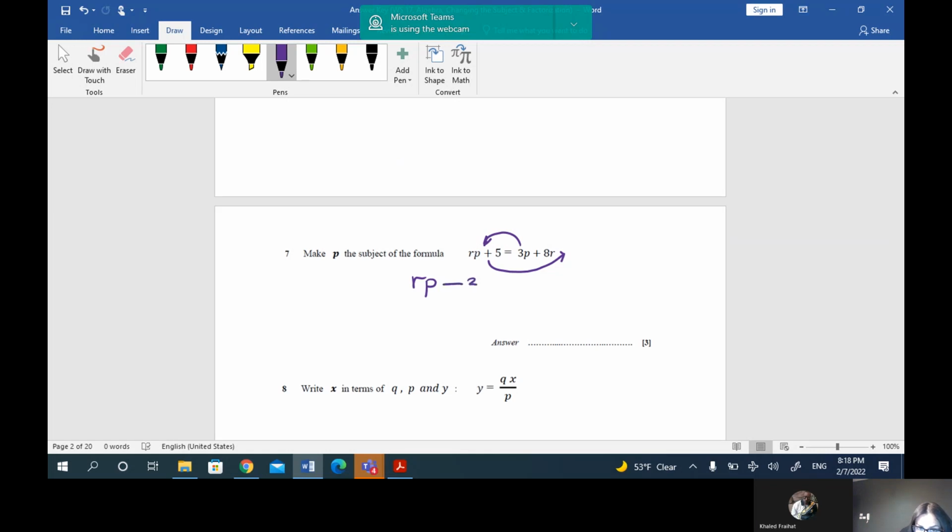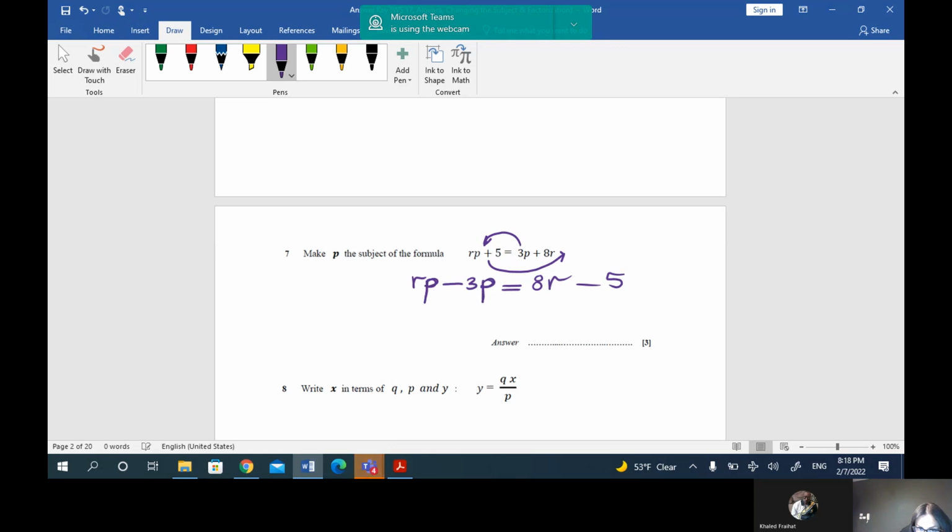It will be minus 3P equals. Now 8r is originally on the right side, so 8r will stay. We're transferring positive 5 to the other side of the equation, so it will be minus 5. The sign will change.